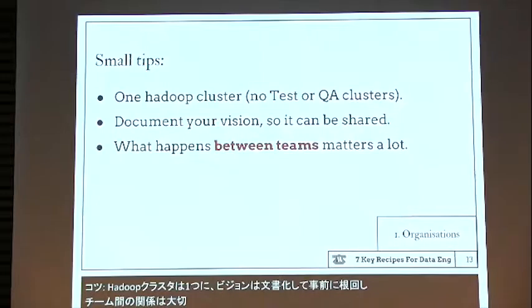Should you rewrite the whole business intelligence pipeline or not? Should you do marketing automation or not, and so on? If you define that and know how to work with the other team, it's better. Okay, that's it for the organization point of view.